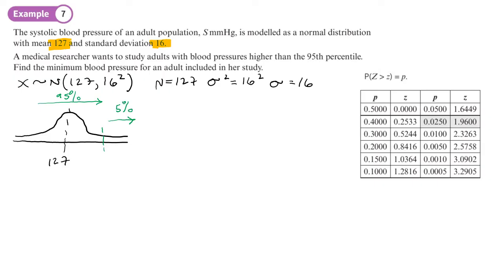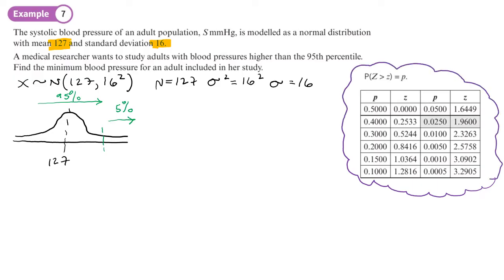Now we could work out that value using inverse normal distribution on our calculators, which is probably the easier way to do it. There is another way, and that's to use this standardised value. The reason we would standardise it is because you'll see a table here in the formula book. It's called a percentage points table.